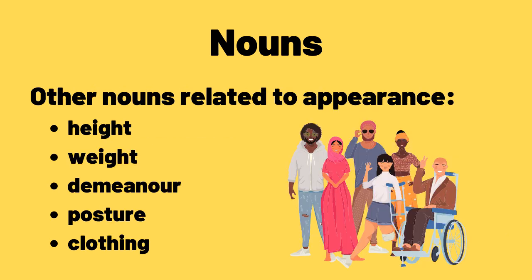Note that there are more abstract nouns we might need to know as well. For example, we have the words height and weight. We mostly talk about these using adjectives such as tall or short, fat or thin, but we might need to know the nouns as well. Of course, people are not only defined by their physical attributes. There are other useful nouns that can be used to describe a person.